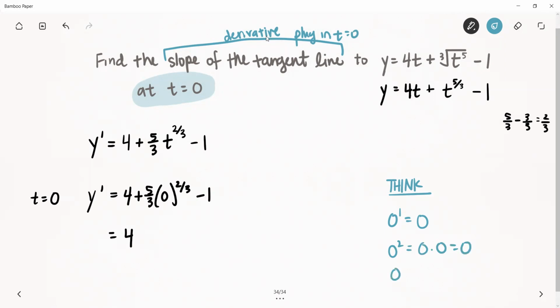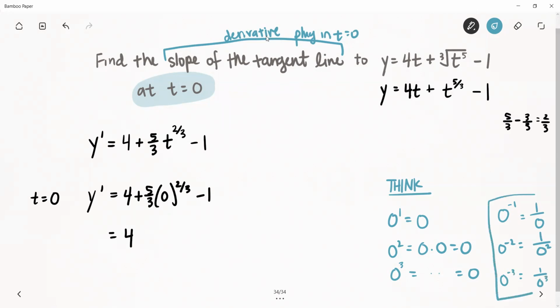If I had 0 to the 3rd, right, we can see that that's going to be 0. Okay. But if I had 0 to the -1, that would be 1 over 0. 0 to the -2 would be 1 over 0 squared. 0 to the -3 would be 1 over 0 cubed. And all of these situations are not good, right?